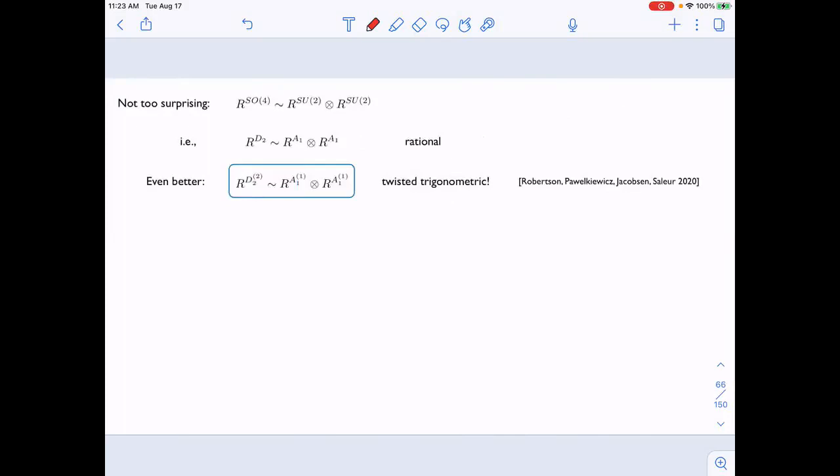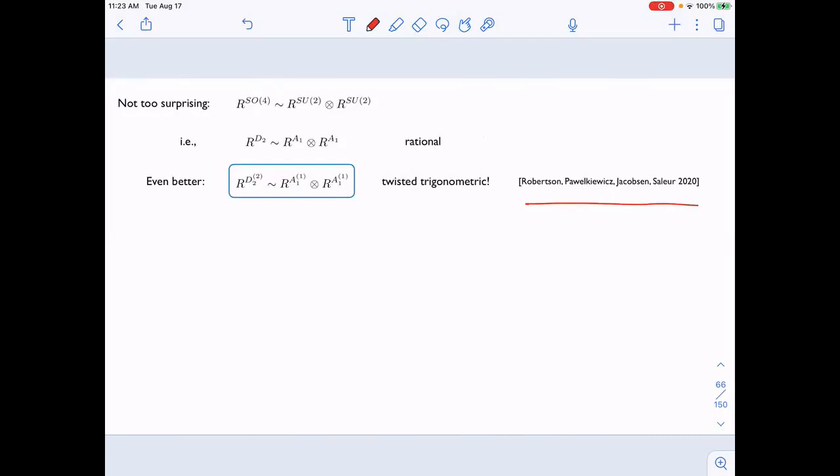And this remarkable fact was given in this other nice paper by Jacobsen, Sollar, Robertson in 2020, as well as Pawelski. Okay, and this is going to turn out to be the key tool that we use to solve the model.